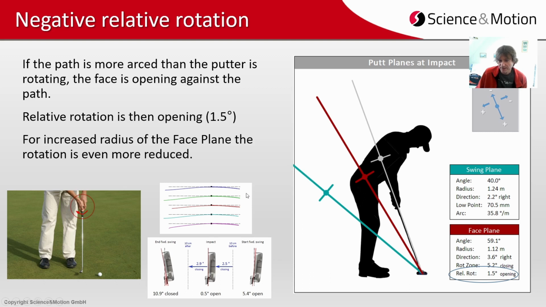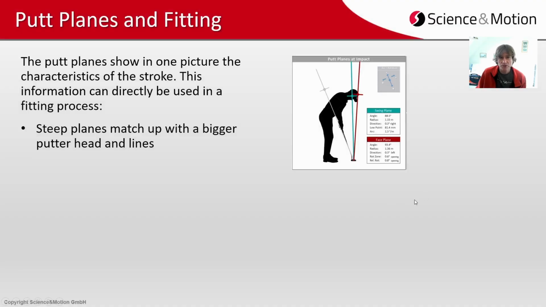Swing plane is more flat because there is more arc than the putter face rotates, because the face is opening relative to path. So by just looking at this one graph, you can identify very different aspects of path and face rotation absolutely against the target line and relative between path and face rotation. And this information can certainly be also used for fitting.